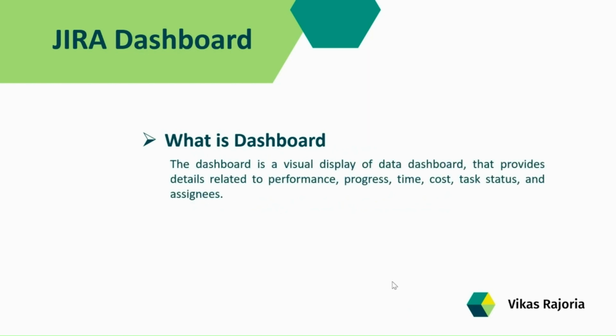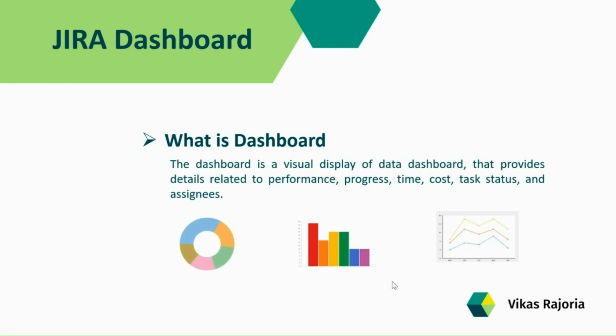The main objective of the dashboard is to provide information related to any project like performance, progress, time, cost, task status, assigning, and others. In many cases, the dashboard is configurable. That means it allows you to choose any data that you want to see. The data can be displayed in a pie chart, bar chart, line chart, table, or in other forms.